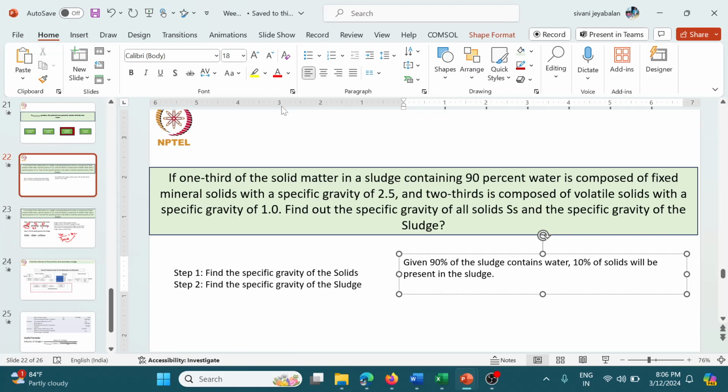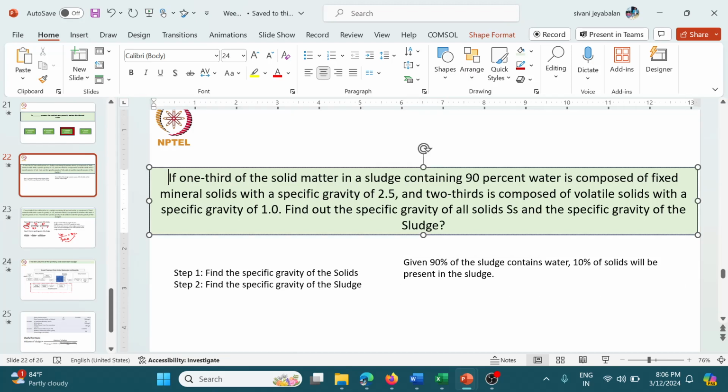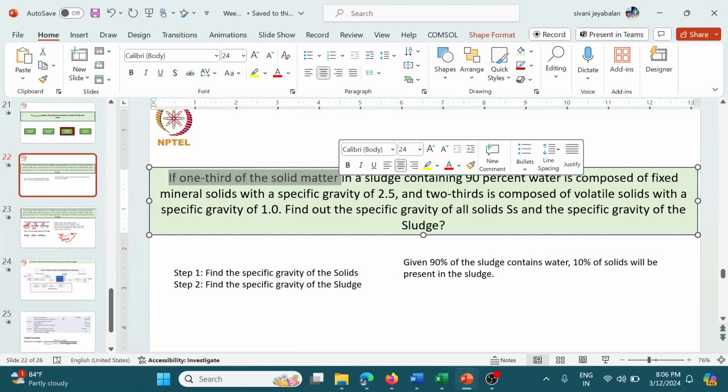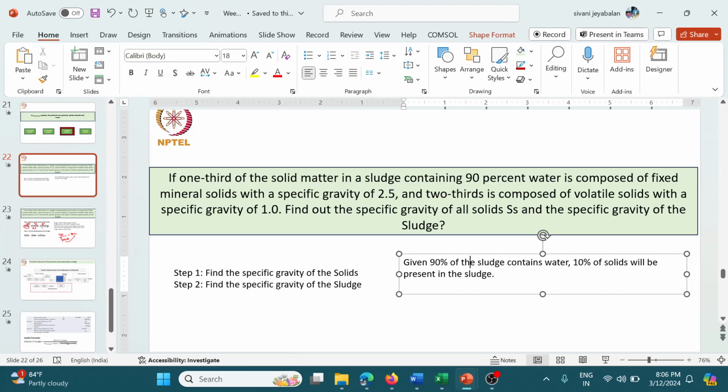Then second is, if one third of the solid matter in that 10% solids, there is totally some solids. In that, one third of the solid matter is composed of fixed solids. Okay.